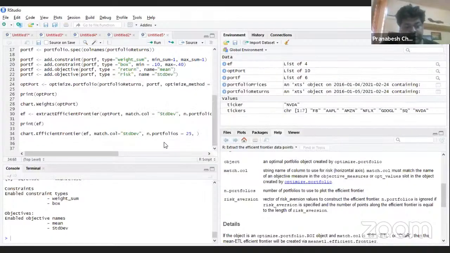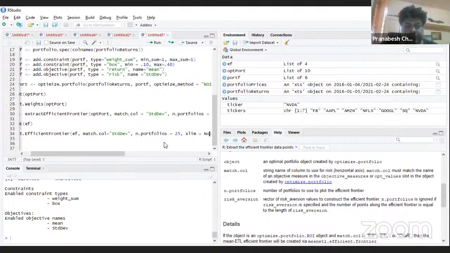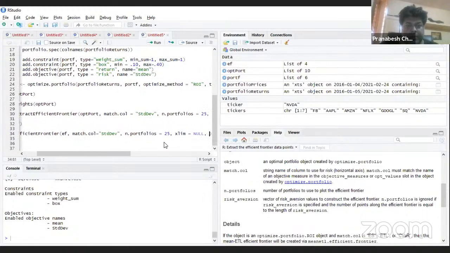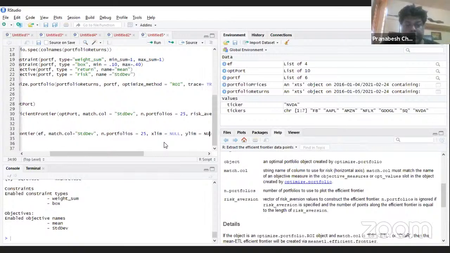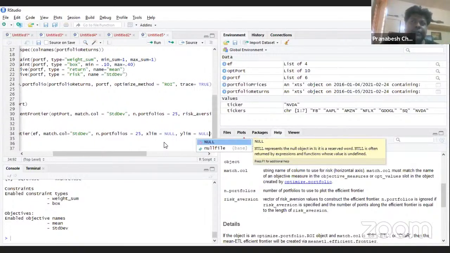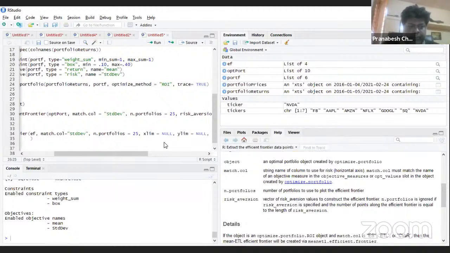Now let's set our xlim also to NULL, and ylim also to NULL. It means I don't want to restrict anything, because the efficient frontier is like a curve, right? We don't want to give any restriction to it.